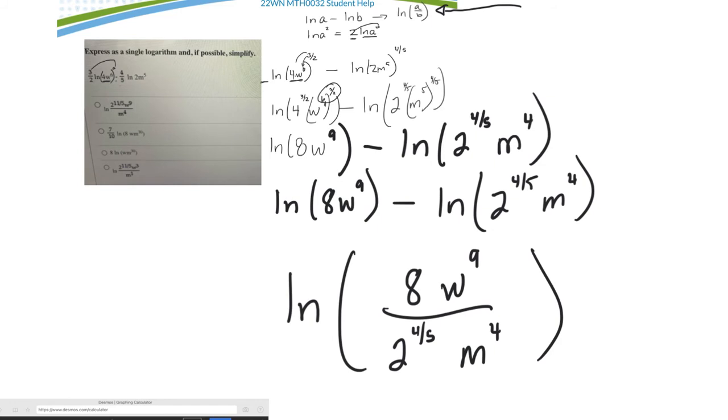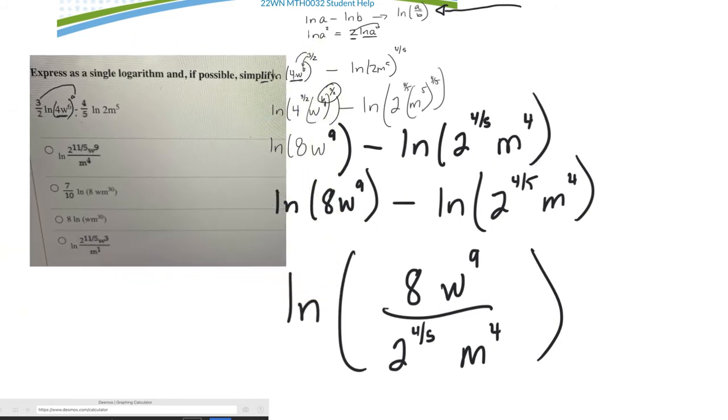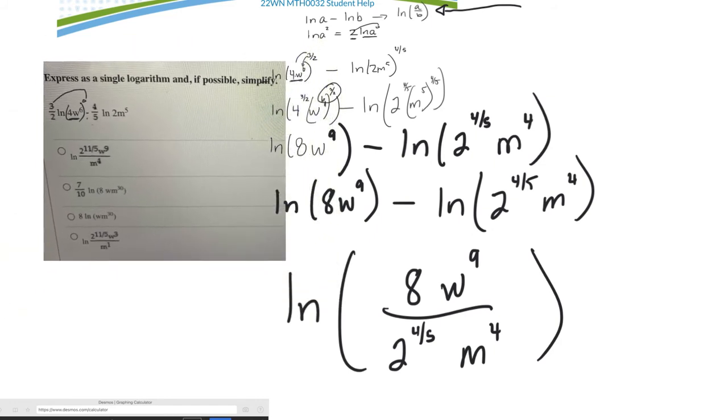Now, in just taking a look at their answers, I need a w to the 9th on top and m to the 4th on the bottom. It looks like the only one that's right would be that one. But where are they getting the 2 to the 11/5 from? I've got the other stuff, but I need 2 to the 11/5.